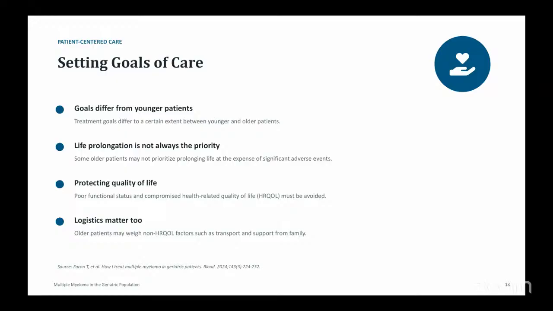Now, a very important major principle in care of geriatric multiple myeloma is that the treatment goals need to be individualized. For some older patients, maximizing their survival would be the highest priority.